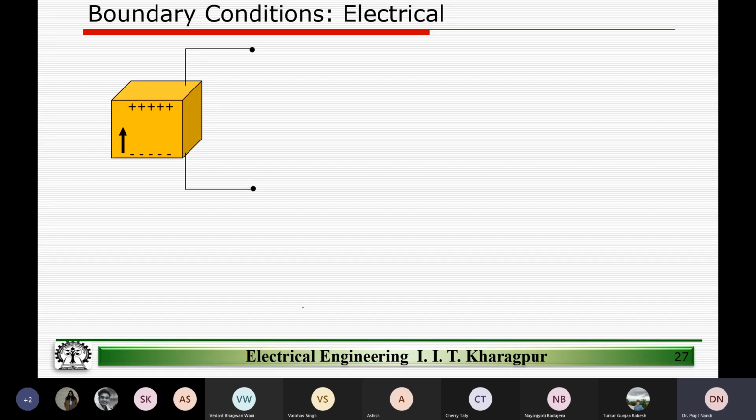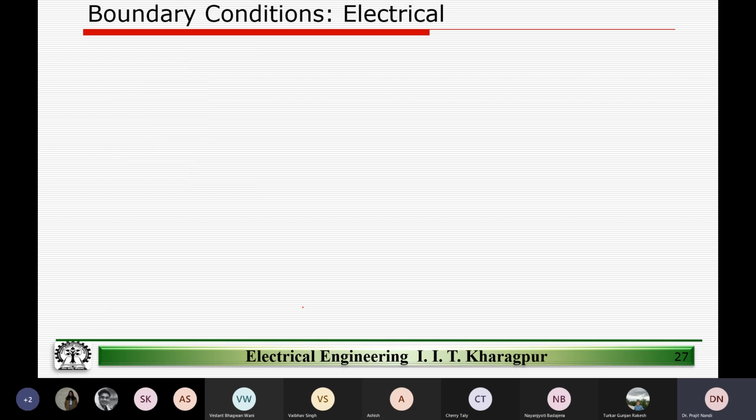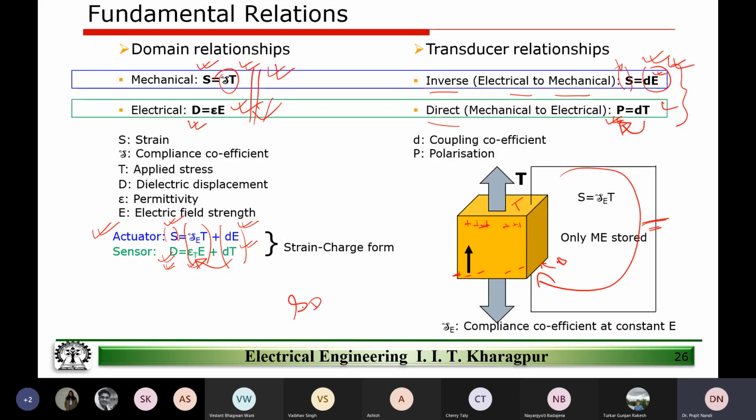Meaning essentially, when we are talking of one property or one domain characteristic. So we have only two domain characteristics, right? Or coefficients associated with domain relationships are only two, right? One is compliance and one is permittivity. So when we are talking of both these coefficients, we should mention what the boundary conditions are.